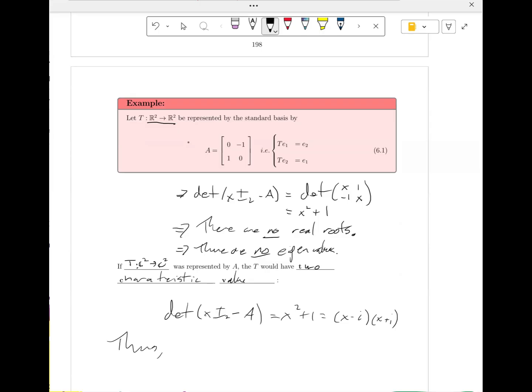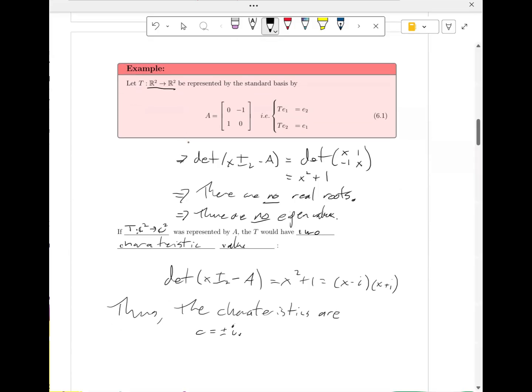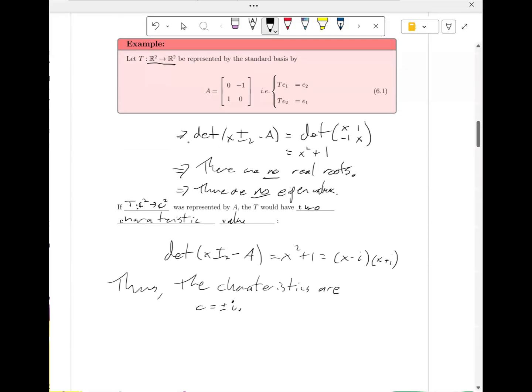Thus the characteristic values are c equaling plus or minus i. We have complex characteristic values. In some cases, we care that we're specifically going from real to real, and in this case there would be no eigenvalues. In other cases, we like going from complex to complex using real matrices, so we're okay with the eigenvalues being complex. Our matrices are defined using just real entries, and that depends on what your situation is.